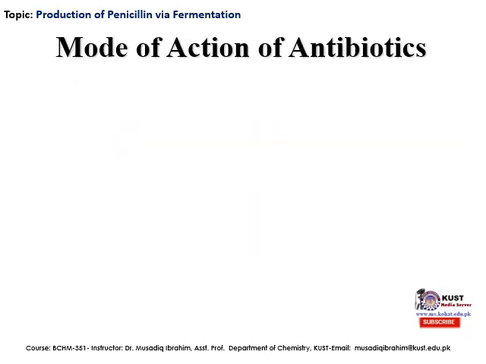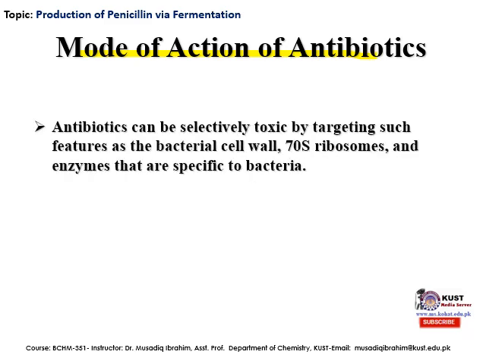Now, moving towards the mode of action of antibiotics. So, antibiotics can be selectively toxic by targeting such features as the bacterial cell wall, the 70S ribosomal portion, and the enzymes that are specific to bacteria.